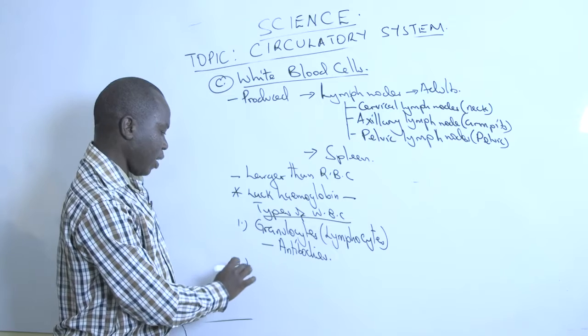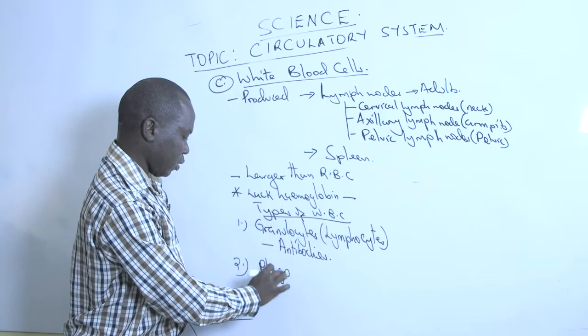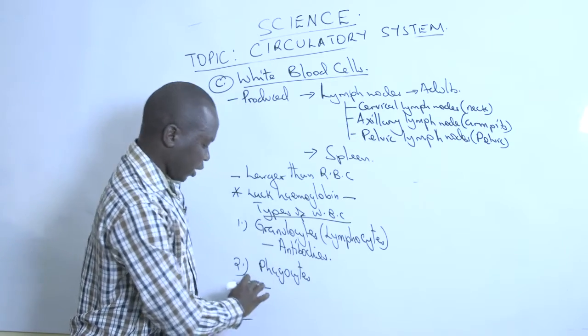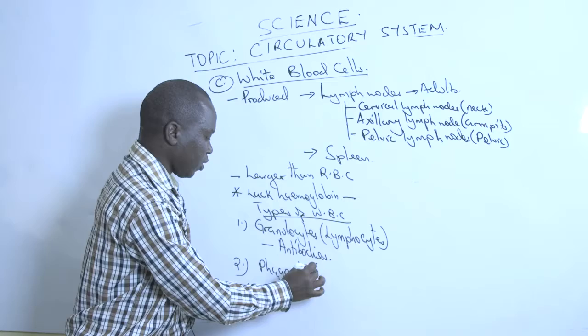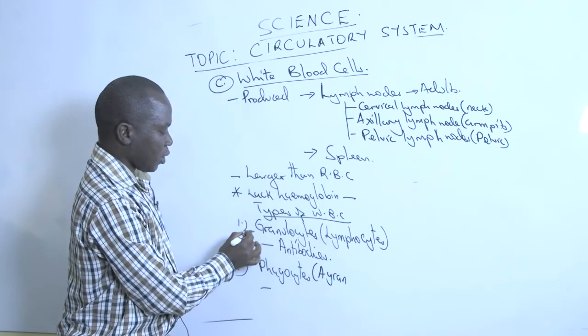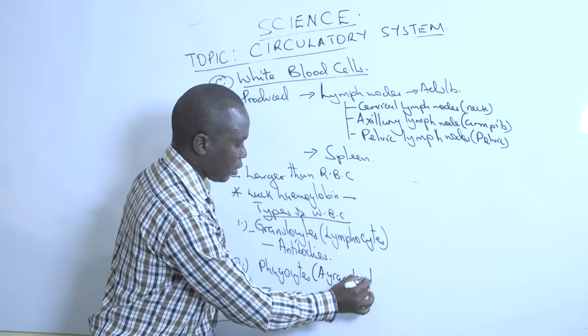And then we have others called phagocytes. We have lymphocytes and phagocytes. Phagocytes are also called granulocytes.